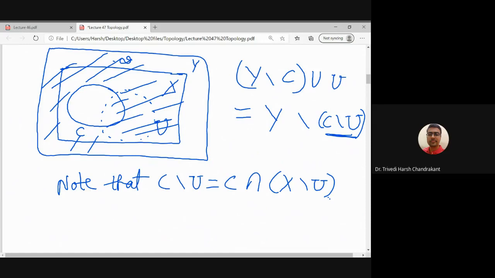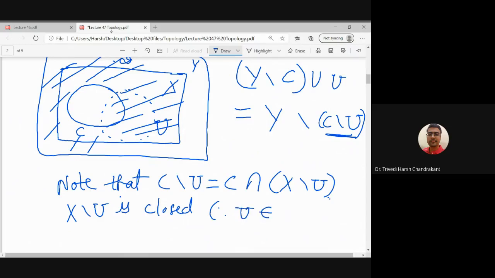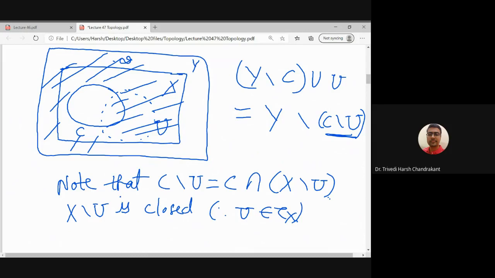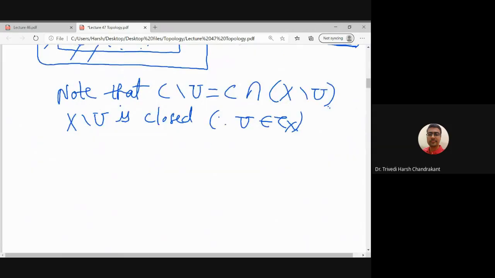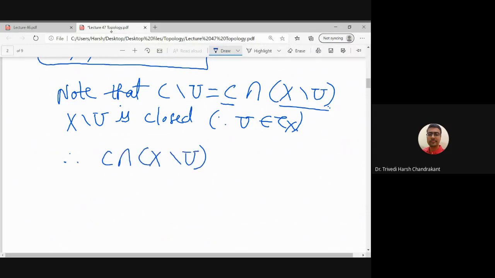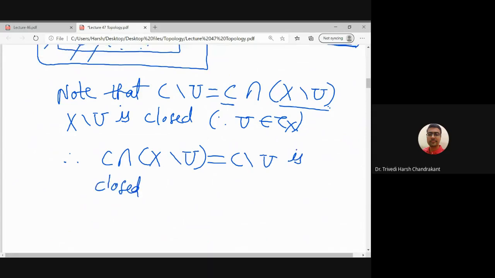So X minus U is closed because U is open in X. This is a closed subset in X, and C minus U, which is the intersection of C with this closed set, that is C intersection X minus U, which is nothing but C minus U, is a closed subset of C.